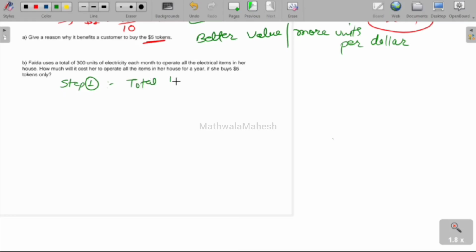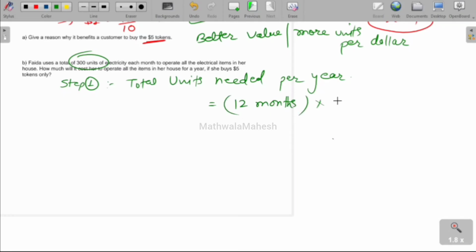Total units needed per year, because we have 300 units for each month. So there are 12 months in a year, and each month is 300 units.